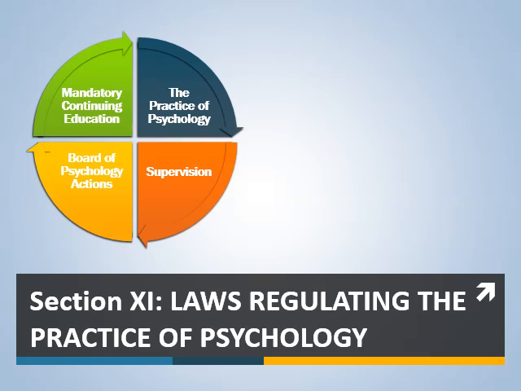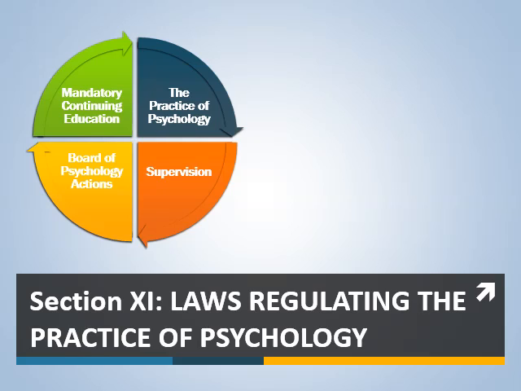So all of these hurdles that we have to jump through are saying you are minimally qualified and competent. Hopefully we're better than that, but the board licenses or registers providers who possess the skills and qualifications to provide safe and effective services according to accepted professional standards. So you'll hear a lot about what the professional standard is, and that's something that you always want to know.